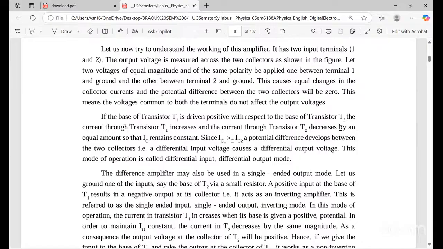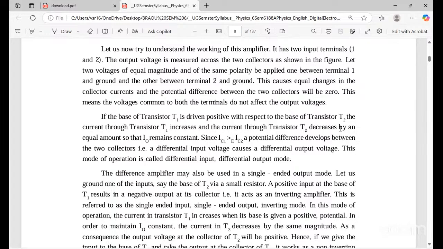That is, it is acting as an inverting amplifier. What is it? An inverting amplifier. And this is referred to as a single-ended input and single-ended output in inverting mode.